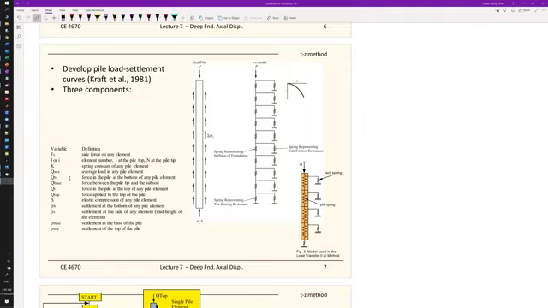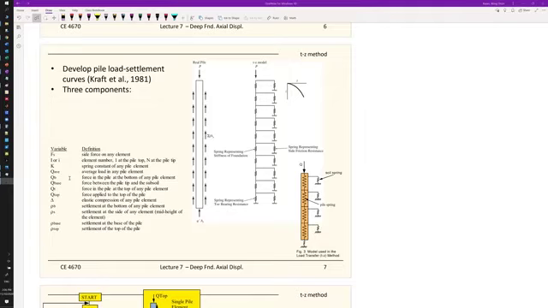And it's complicated in a way that it's not a single material, and not just one scenario at a time. You have three different components. Again, pile settlement involves the elastic compression of the pile, the side friction settlement, and also the pile toe settlement, and each of them depends on the loading.